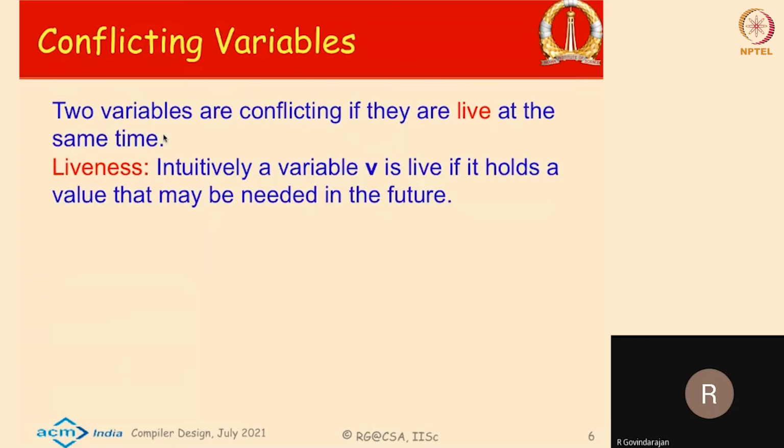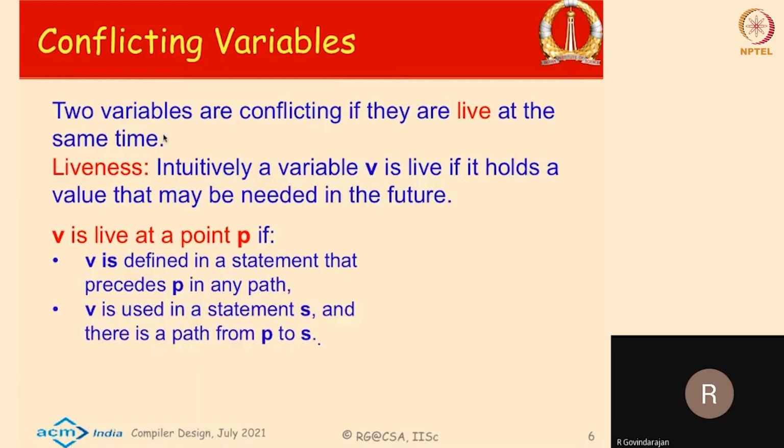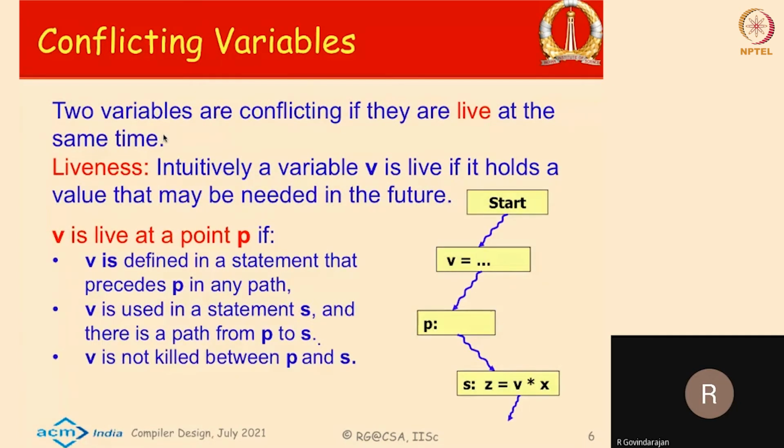When a variable's value is needed later in the future, it means that we have to preserve that variable. You can't throw that away. That is when you say that the variable is live. Here is a formal definition of liveness. Again, you will come to this definition in a later discussion on data flow analysis, but let me just give you a very quick intuitive idea of what this is all about.